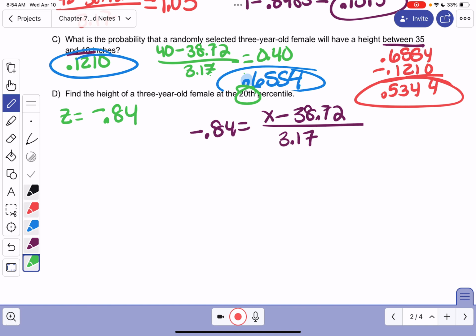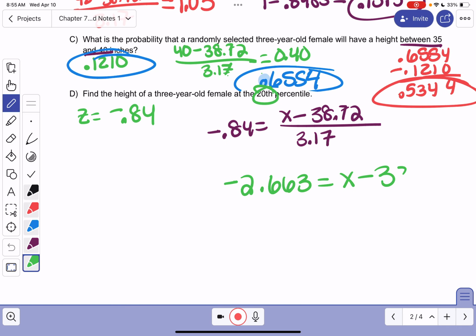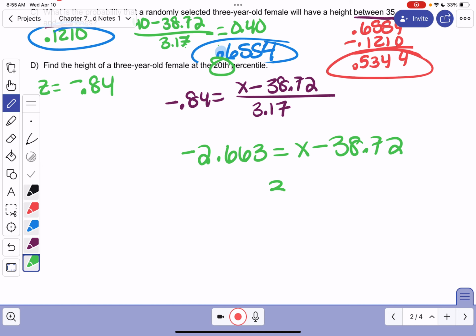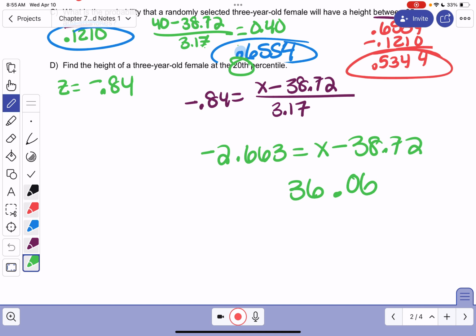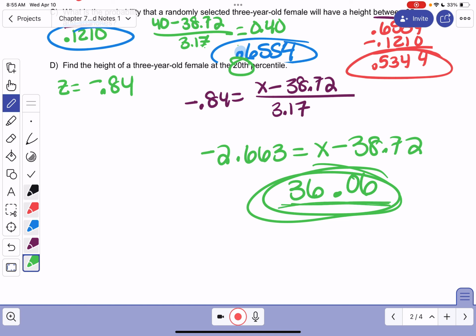Multiply both sides by 3.17, and we get negative 2.663 equals x minus 38.72. Add 38.72 to both sides, we get 36.06. Because all of our numbers are within 2 decimal places, we leave our answer in 2 decimal places. So a female baby, 3-year-old at 36.06 inches is the 20th percentile.